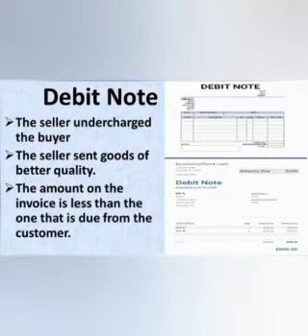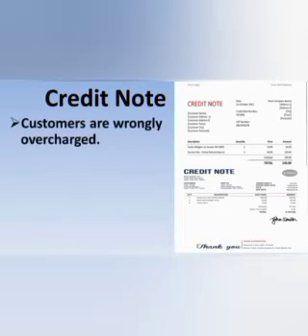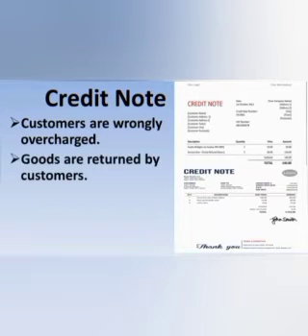The opposite of that is the credit note, and this is used to correct overcharge. That means if a customer is wrongly overcharged, the credit note is used to correct such errors.